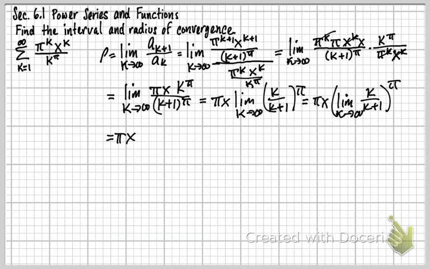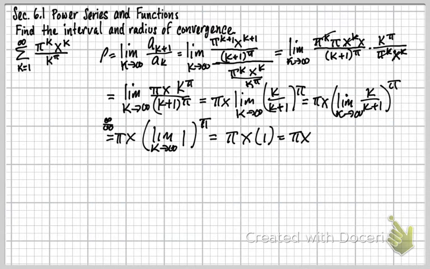And this limit in here is L'Hopital's rule because it goes to infinity over infinity. So I can take this limit and say it's really the limit as k goes to infinity of 1, to the pi. And this really just equals pi x times 1, which equals pi x.